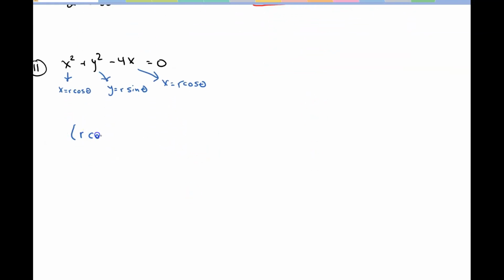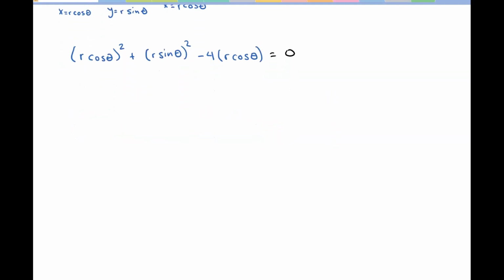We've got r cosine theta, and then it's going to be squared, plus r sine theta, and that again is going to be squared, minus 4 times r cosine theta. So that will all equal 0. So let's see here. I'm going to have r squared cosine squared theta plus r squared sine squared theta minus 4r cosine theta. Set that equal to 0.